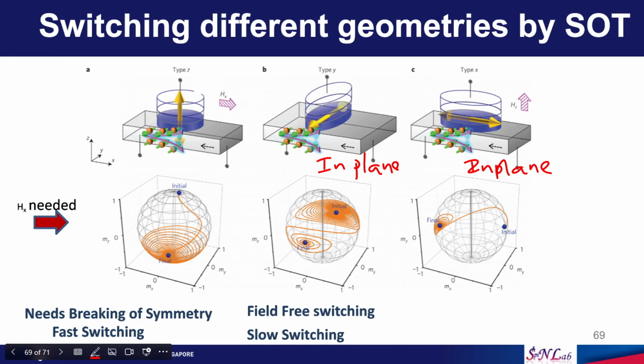Then this one is perpendicular. Here again we have two different types of in-plane. One is called type X, where the magnetization is in the same direction as the current. Type Y means magnetization is perpendicular to the direction of current.